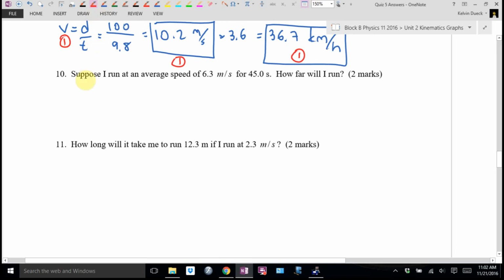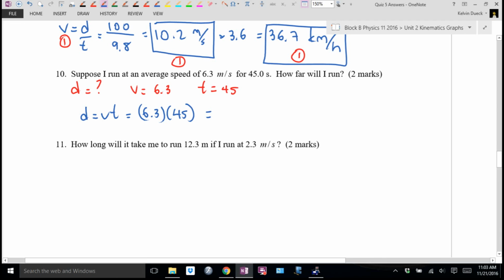Number 10. How far? Well, I have a speed of 6.3 meters per second and a time of 45 seconds. My units match, so I can go straight to plugging and chugging. D equals VT. It's going to be 6.3 times 45.